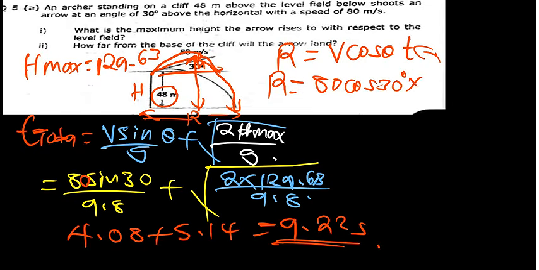So what will be my range? We have 80 cos 30, the answer I find times 9.22. So I'm getting my range to be 638.78 meters. As simple as that.